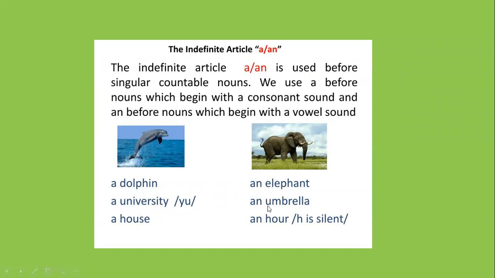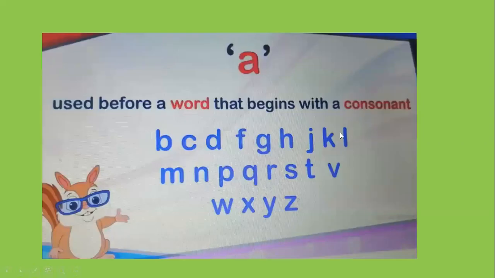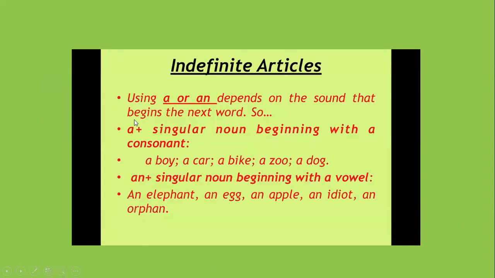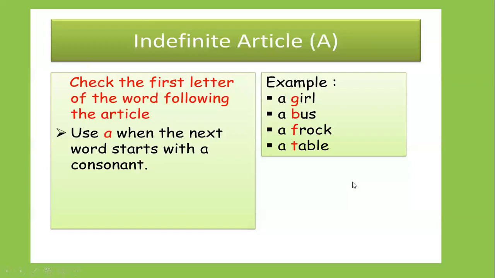Similarly, an elephant, an umbrella, and an hour. Here H is there, but H is silent, so we are using "an". Again, the indefinite article "a" is used before a singular noun with a consonant sound, whereas "an" is used before a singular noun with a vowel sound.